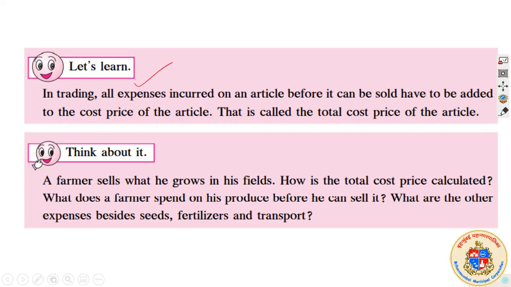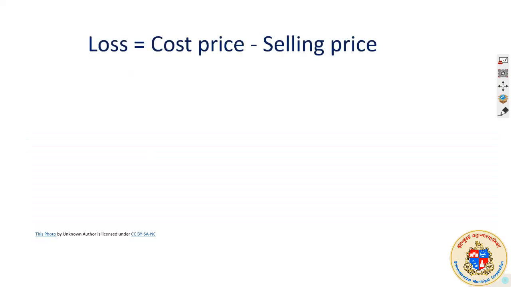We should think about the expenses incurred while bringing that article to the shop, and in the case of a farmer, he should think about the expenditure he made on seeds, fertilizers, transport, plowing, etc., which all together make the total cost price. This is something you understood earlier in the case of the farmer.